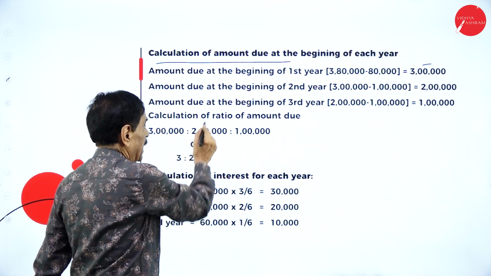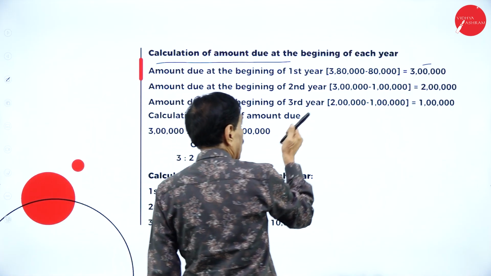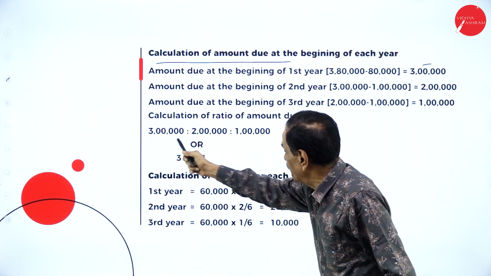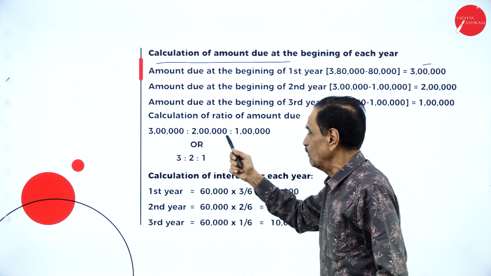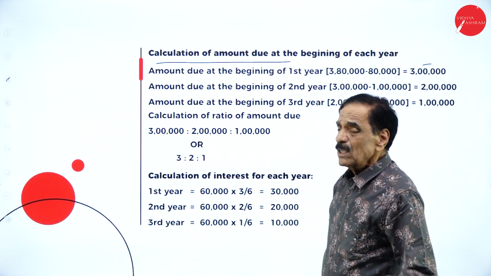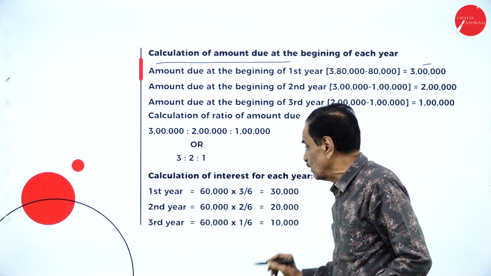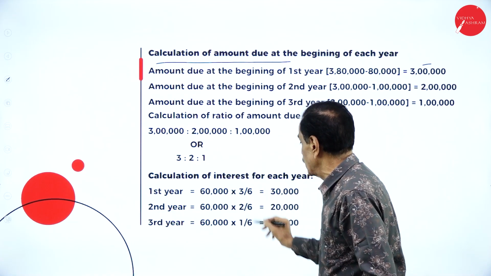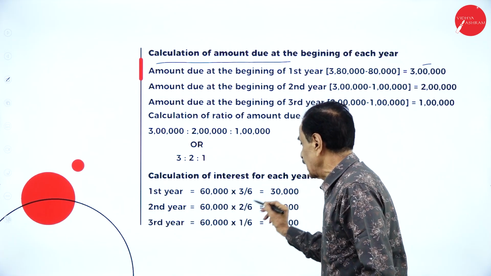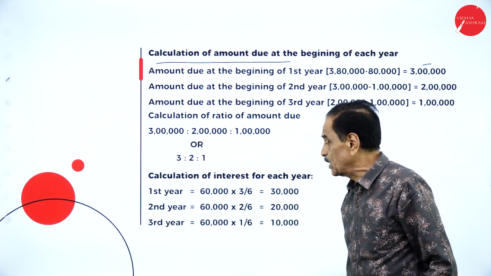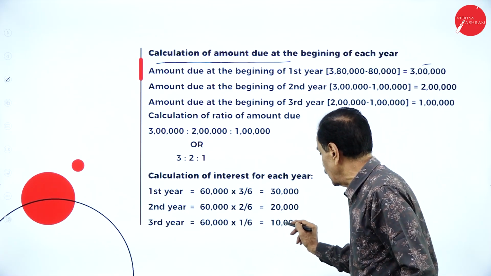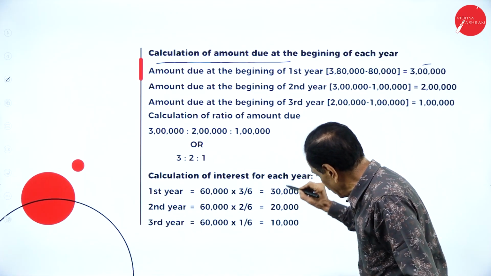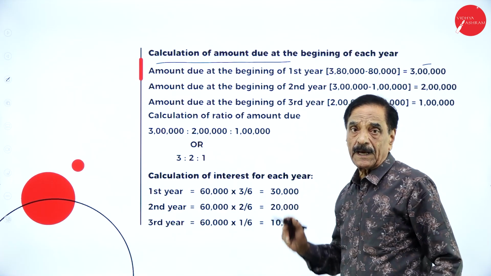So the amounts at the beginning of each year, 3 lakh, 2 lakh, 1 lakh, if you cancel the zeros, are in the ratio of 3:2:1. The total interest is 60,000. 3 plus 2 is 5, plus 1 is 6. 3 by 6 of 60,000 is 30,000. 2 by 6 is 20,000. Third year, 60,000 into 1 by 6 is 10,000. This is the interest for the first, second and third year.